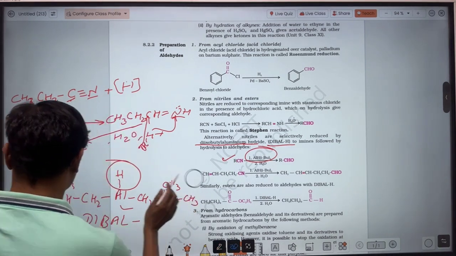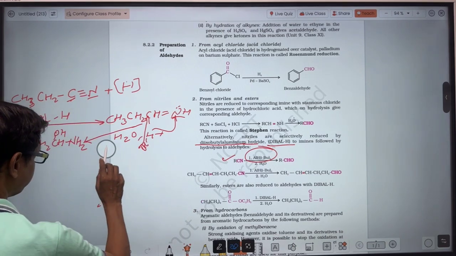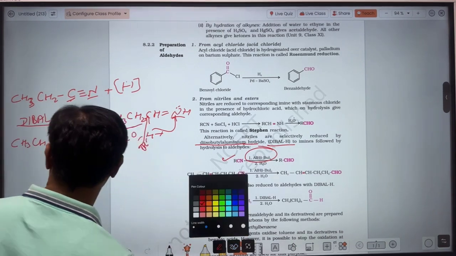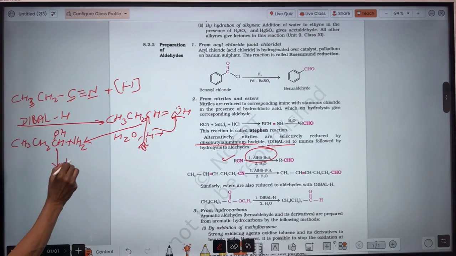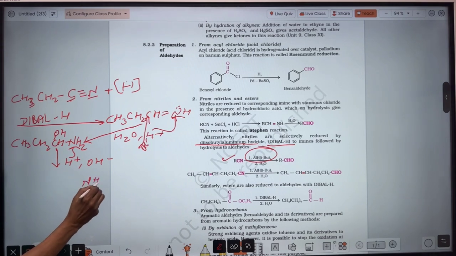Again, that will react with another water molecule. The same process will repeat here. Again it reacts with water, meaning H plus and OH minus ions. So hydrogen combined to this nitrogen becomes ammonia, NH3, and this OH will bond to this carbon.